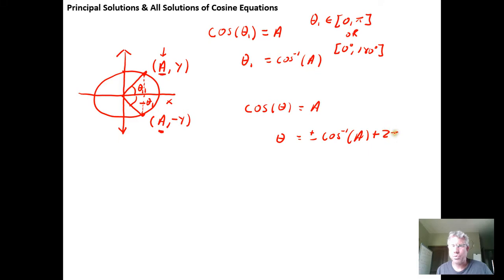So if I add 2 pi k, where k is some integer, I also get side ratios of A. Or if I'm working in degree world, I add 360 degrees times k, saying that every rotation of 360 degrees, so I start here, every rotation of 360 degrees brings me back to an angle that generates this side ratio. So this generates all possible solutions for the cosine function.